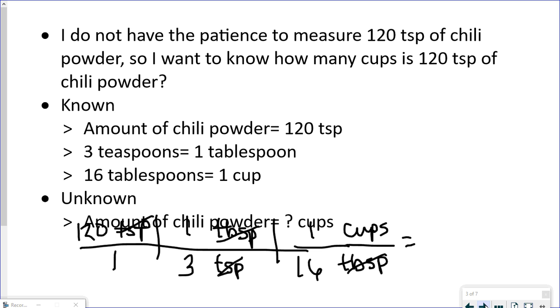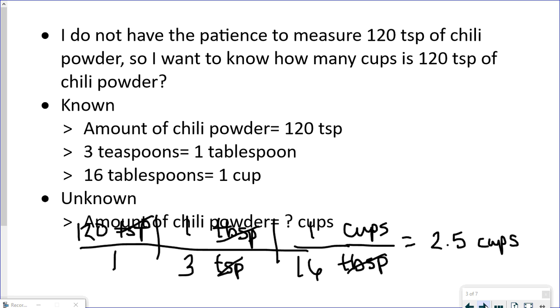But we also have to divide by 16. So that's going to be equal to 2.5 cups. So that's going to be a lot easier for me to measure out than to sit there and count 120 teaspoons.